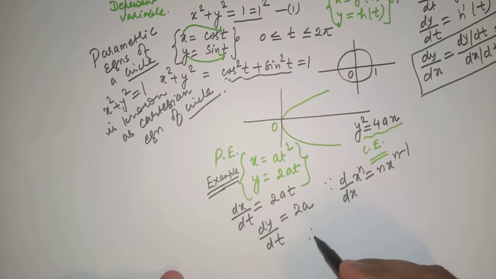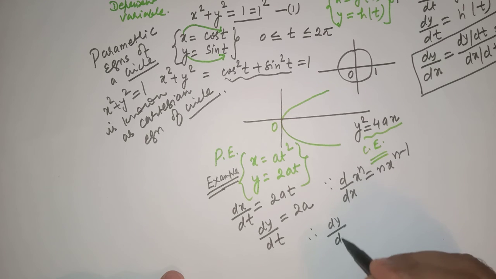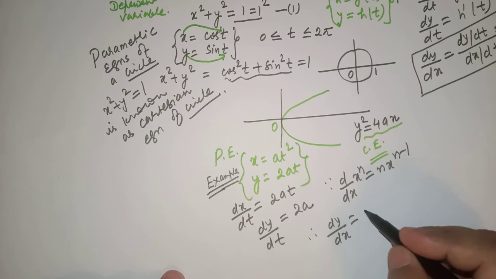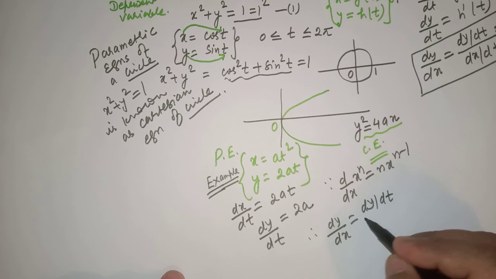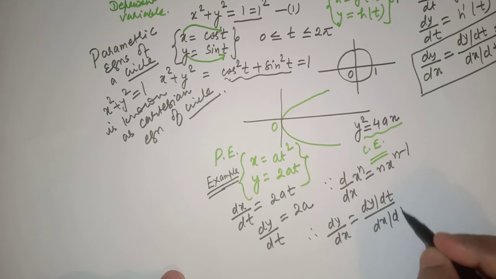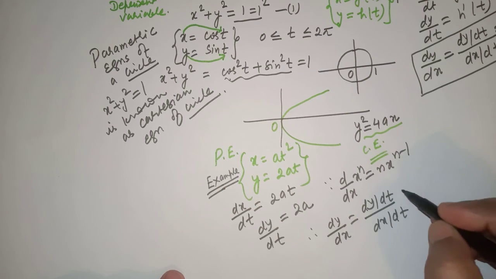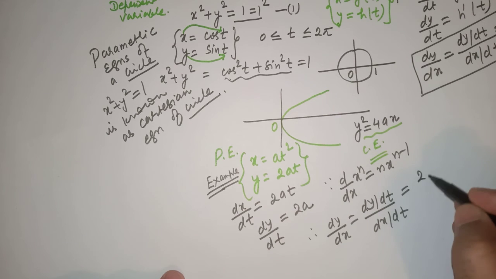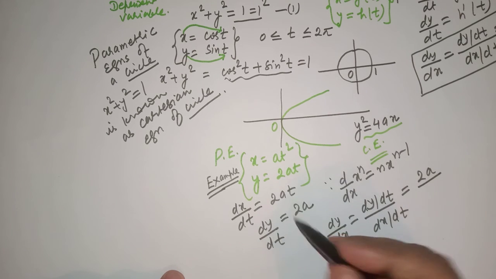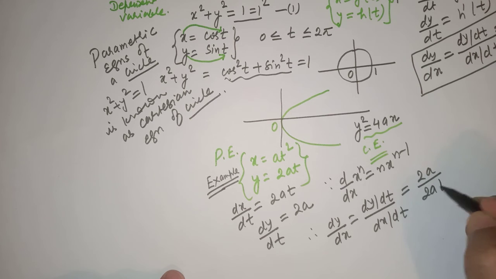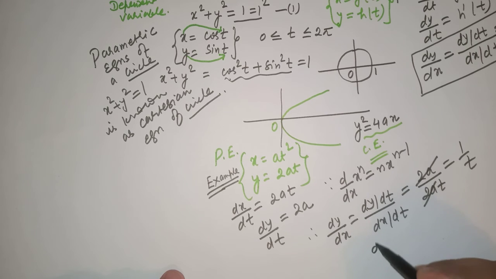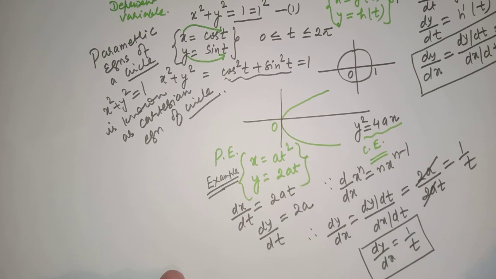Now the derivative of y with respect to x is dy over dt over dx by dt, and dy by dt is 2a and dx by dt is 2at. So 2a gets cancelled and we are left with 1 over t. So dy over dx is 1 over t. So this is the first derivative.